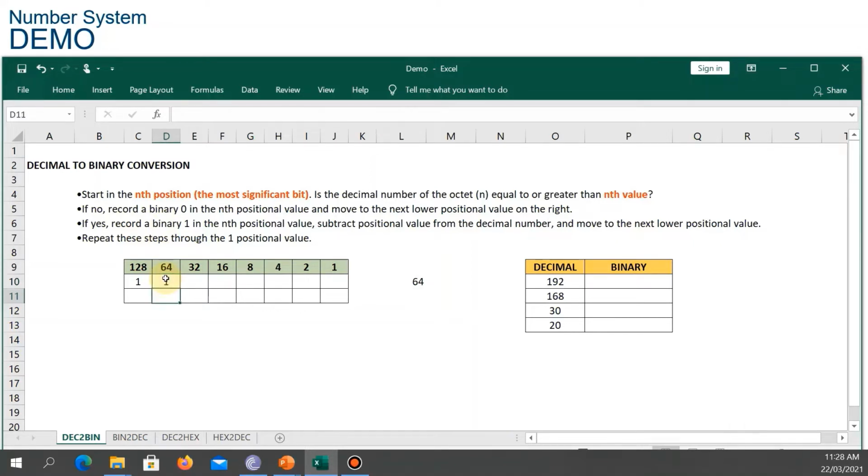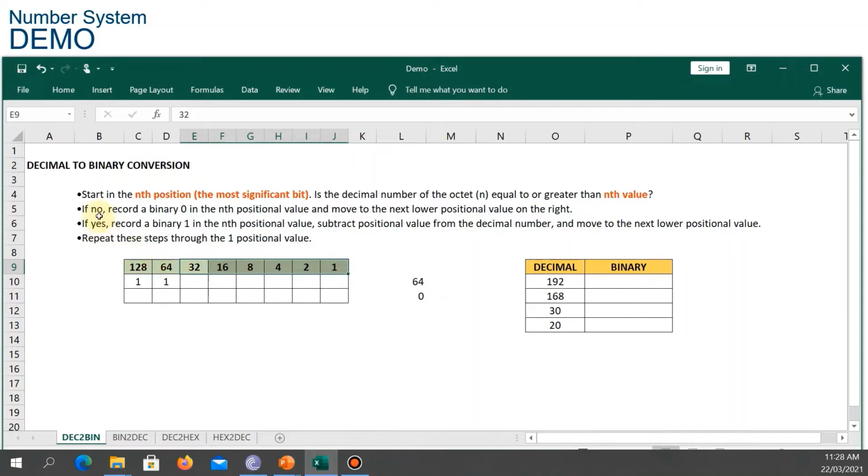Since that is yes, we subtract the positional value, which is 64, from the decimal number, which is 64. And this would yield 0. You've got 64 minus the current positional value, which is 64, that would give us 0. Now is 0 greater than or equal to any of these positional values here?